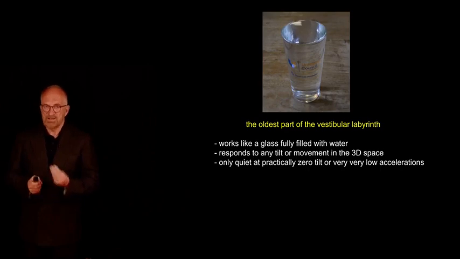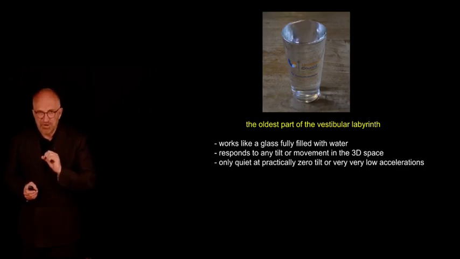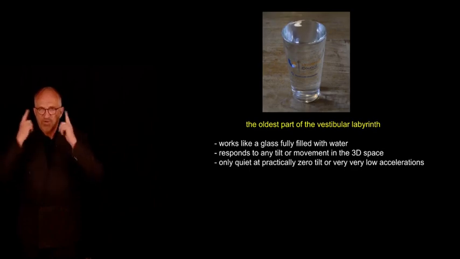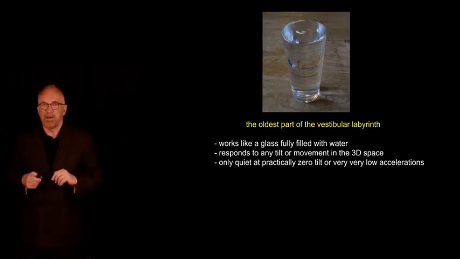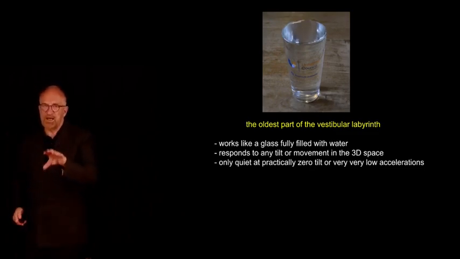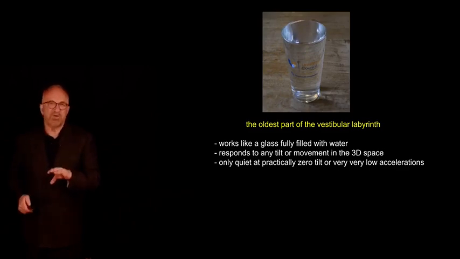So this is a system in terms of physics that feels every motion, very precise and very sensitive. So in principle you have two of these maculae, two of these glasses in your head. With every movement you feel that there's something happening. But it's not specific. It cannot feel the difference between rotation, translation and tilt.